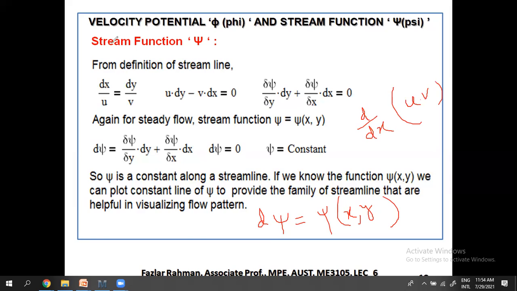So our equation will be d psi equals, taking the derivative with respect to x, del psi divided by del x into del x, then plus del psi by del y into del y. I think I am wrong. This is del x, this will be del y.